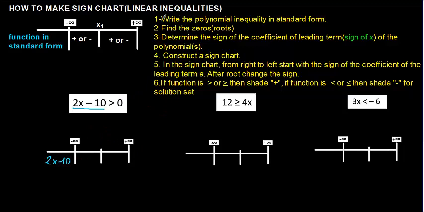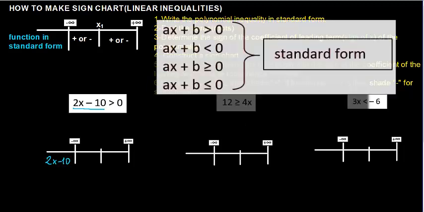Firstly, while we are solving inequality questions and constructing the sign chart, we have to write the polynomial inequality in standard form. As I told you, this form is standard form, but these two are not in standard form. How do we make them standard? The standard form of a polynomial inequality is ax plus b greater than 0, or ax plus b less than 0, or greater or equal to 0, or less or equal to 0.